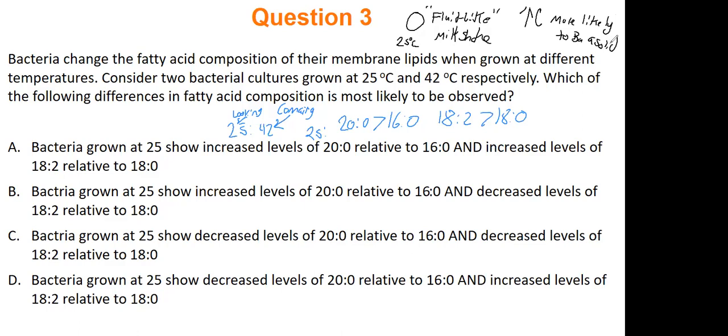So as a bacteria under colder temperatures, you want shorter tails. So you're going to have decreased levels of 20 relative to 16. So decreased 20 compared to 16.